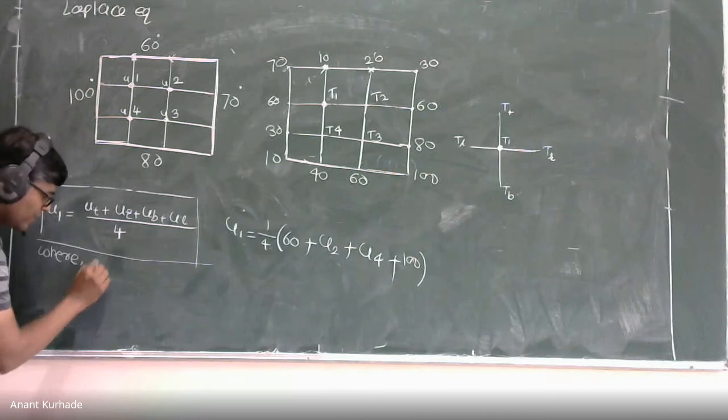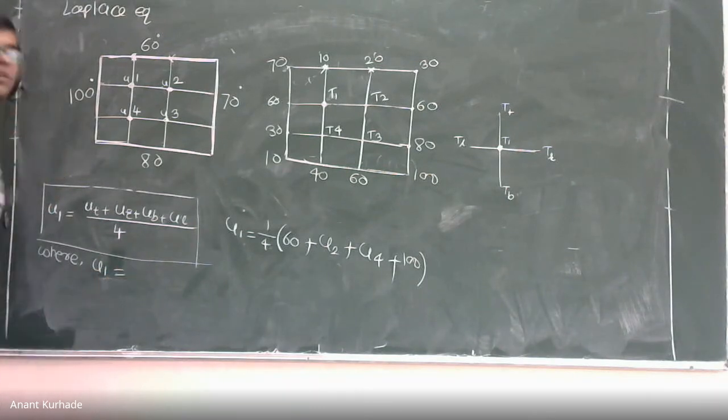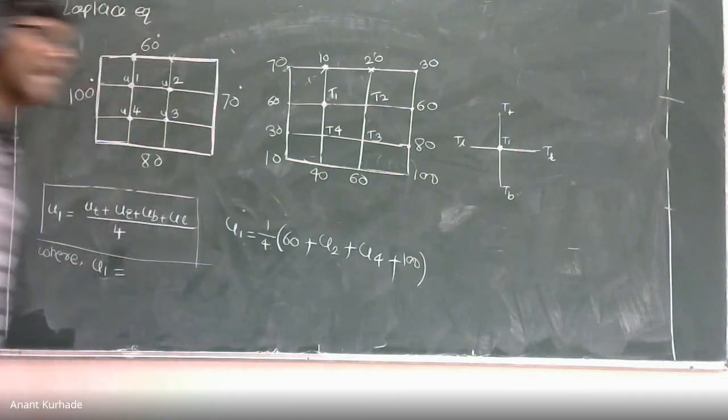U1 is equal to the unknown value at node 1.